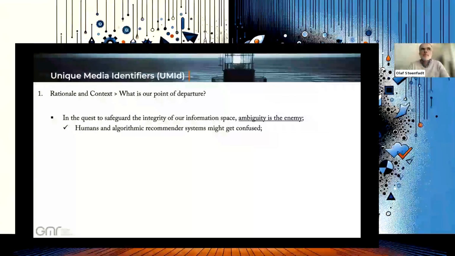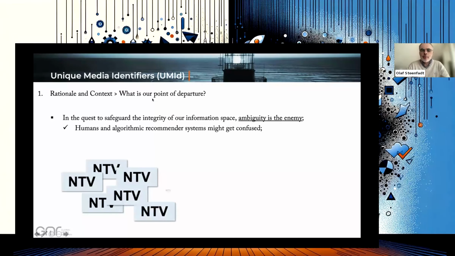When we speak about digital communication and distribution of information, obviously human beings, but also algorithms, can be confused quite easily. And this is one of the main problems, not only because it makes the consumption of news and information more difficult, but maybe even more importantly, and this is why we do this together with the EU DisinfoLab, because it can be capitalized on as a weakness by bad actors.